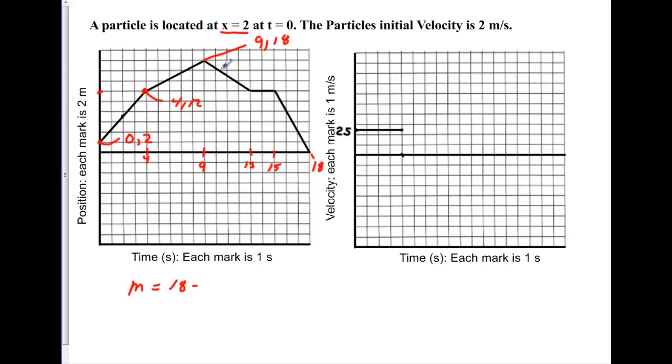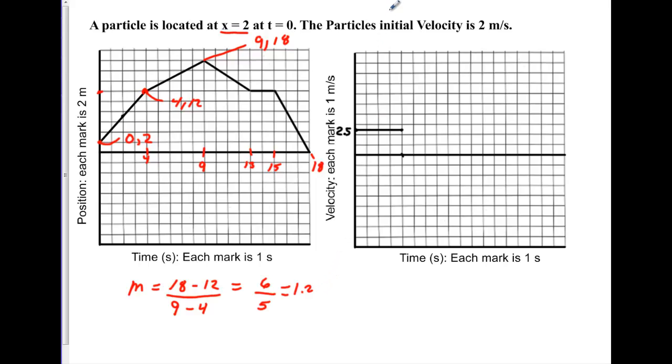We're going to minus the end of this point, which is 12, over my time intervals of 9 minus 4. When I do that, that's going to give me 6 over 5. So 6 over 5 is equal to, what is that, 1.2, yes, 1.2.